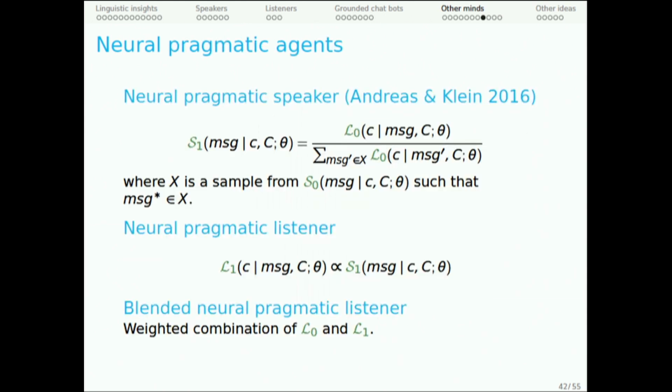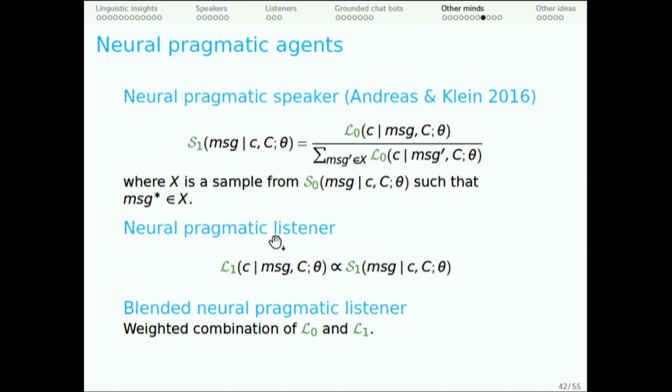And then in the simplest version of this model, you could just apply that RSA calculation on top of those two agents. So here's the speaker. It's going to depend on that literal listener, which is the neural listener I showed you. And this is kind of cool. Instead of having to worry about all the conceivable utterances that are alternatives to the one that was chosen, you could just sample from that speaker and use that as an approximation of this denominator here.